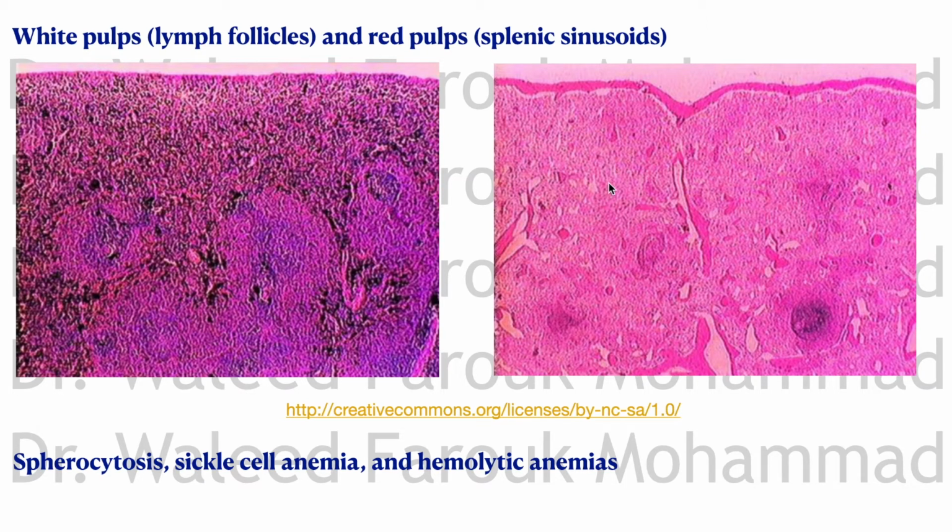And if you magnify, you will find sinusoids between the capillaries in the spleen, and these sinusoids are of a specific size, which it uses to filter the blood.